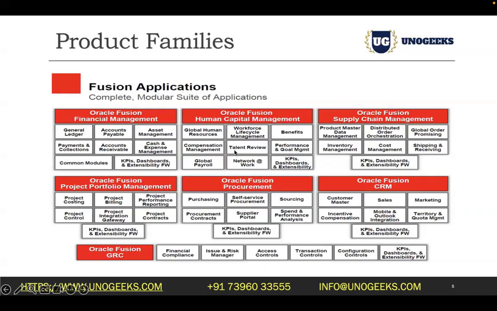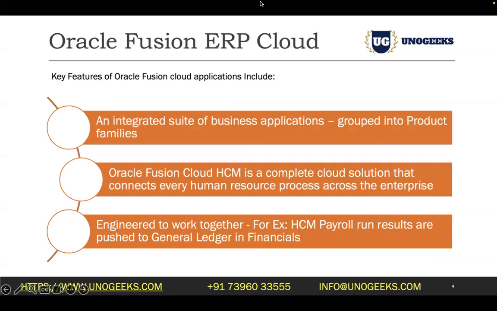So all the modules within the offering are engineered to work together. Okay. And not just within the product family, these modules also work well across the product families as well. Okay. So what exactly is Fusion Cloud application? It's nothing but an integrated suite of business applications grouped into product families.